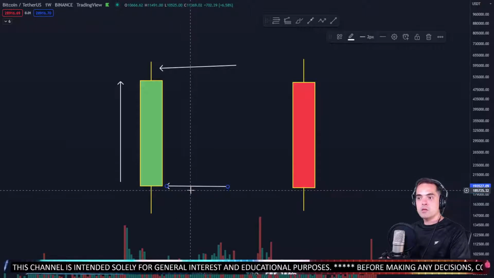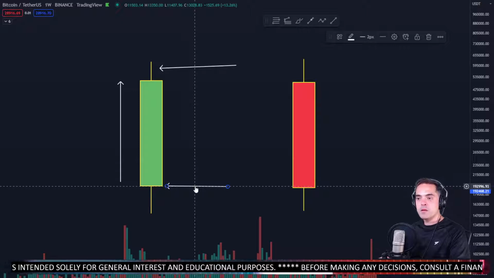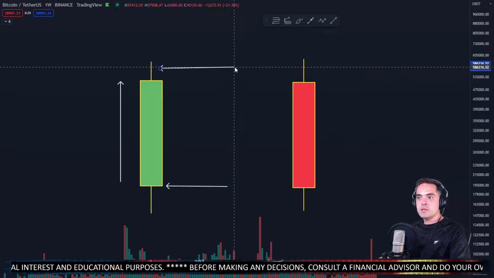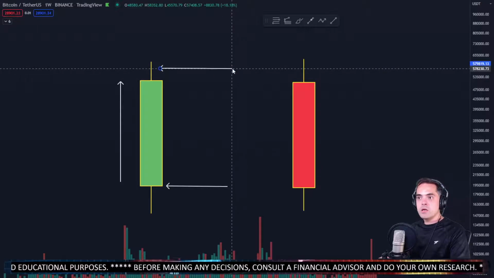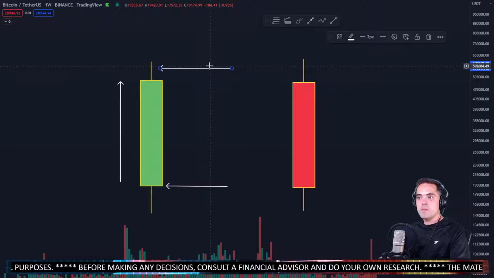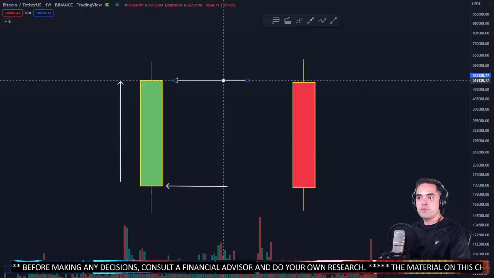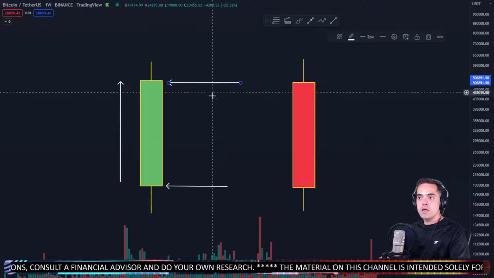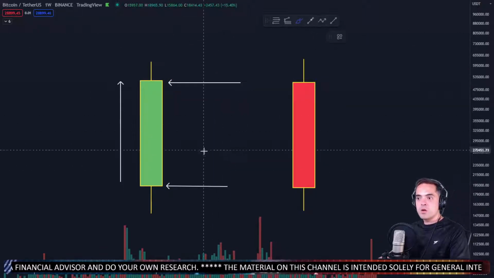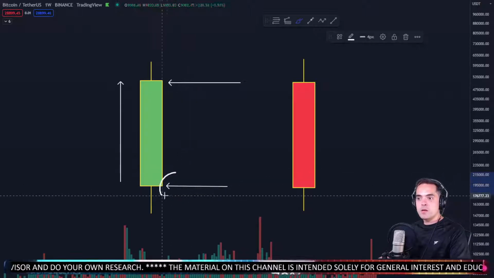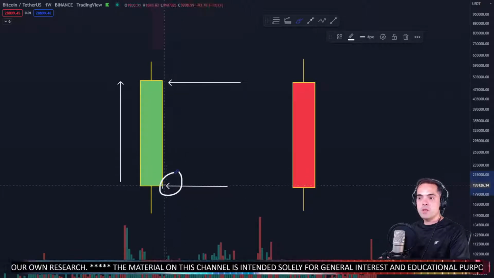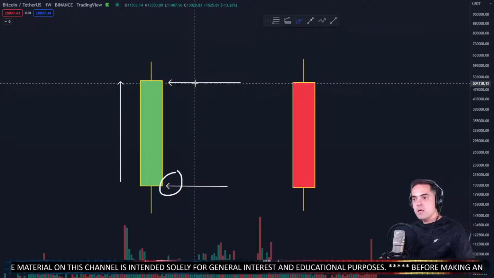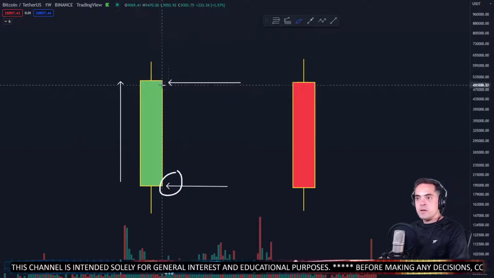So here is gonna be the open for that candle. And the close of that candle will be the top part of the full body. So again, we have here the opening, and here the close of that candle.